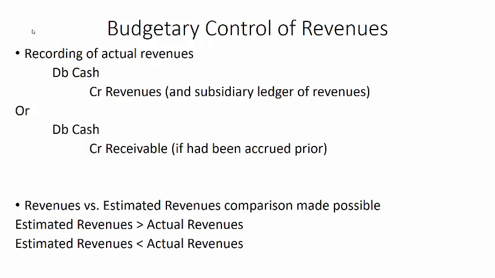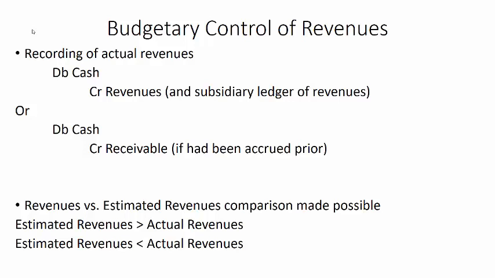The fact that we have these estimated revenues for the budgetary accounts and the actual revenues, the revenue accounts, is what enables us to do budgetary control and oversight of those revenues. So basically what we can do is take those accounts and compare the estimated revenues versus the actual revenues.